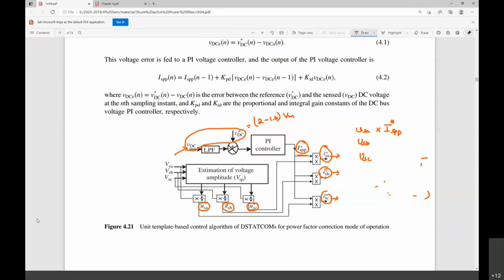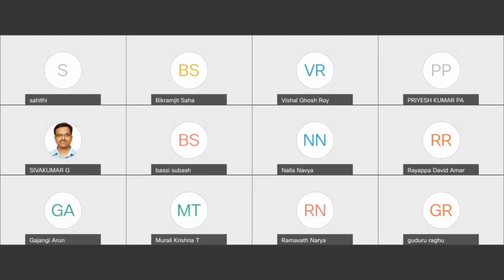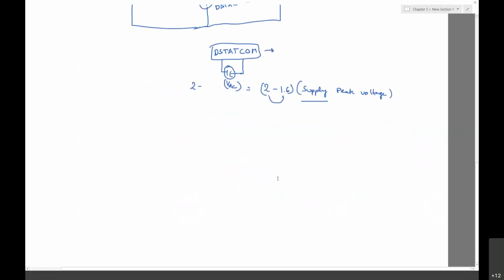Once you find out the reference source currents, we just make out these currents.